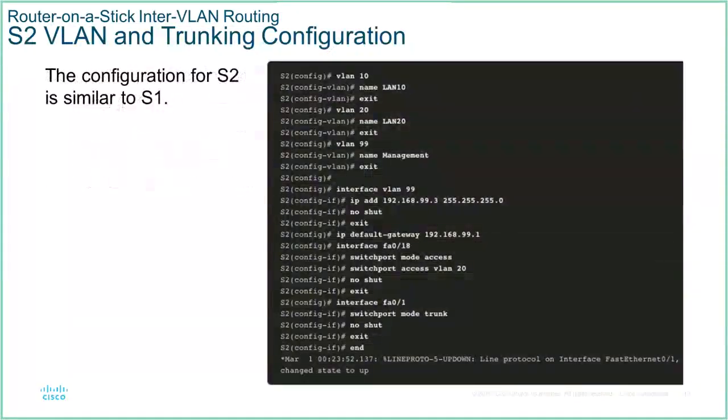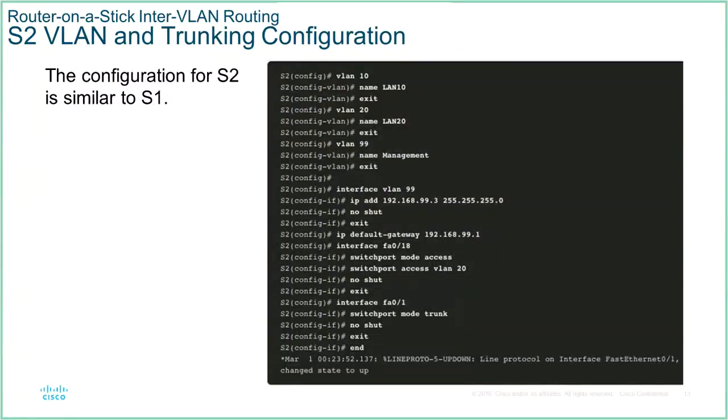So we basically have to do this on both switches. Just as a reminder, VLAN and then the number creates the VLAN ID. You then can optionally give it a name. So you do that for 10, 20, 99.